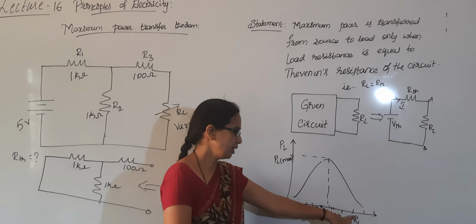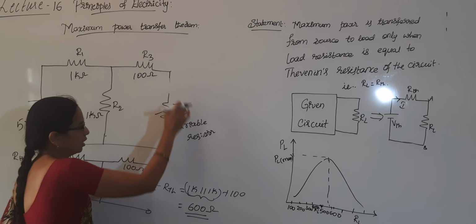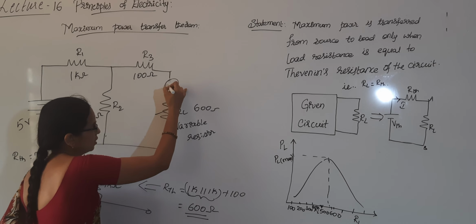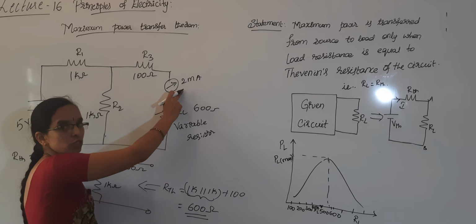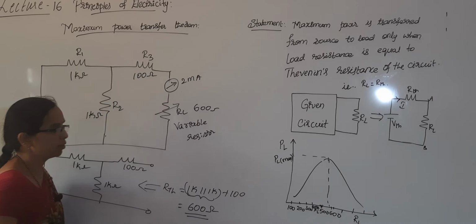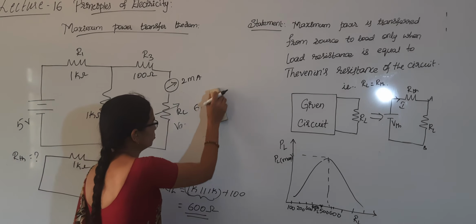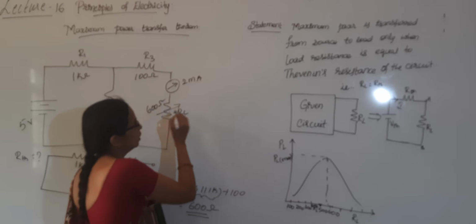The PL again decreases. Okay. See, if I assume when RL is equal to 600 ohm, I connect an ammeter over here, an instrument which measures the current, and 2 milliamperes of current is flowing, what happens?